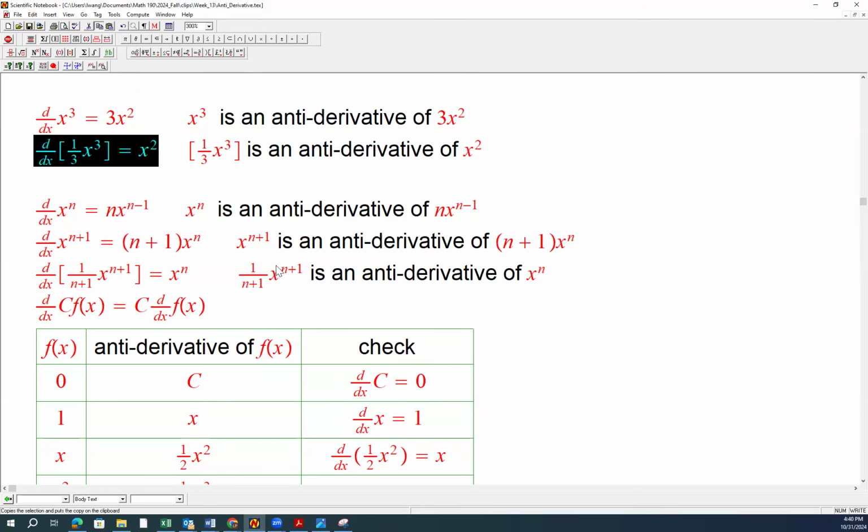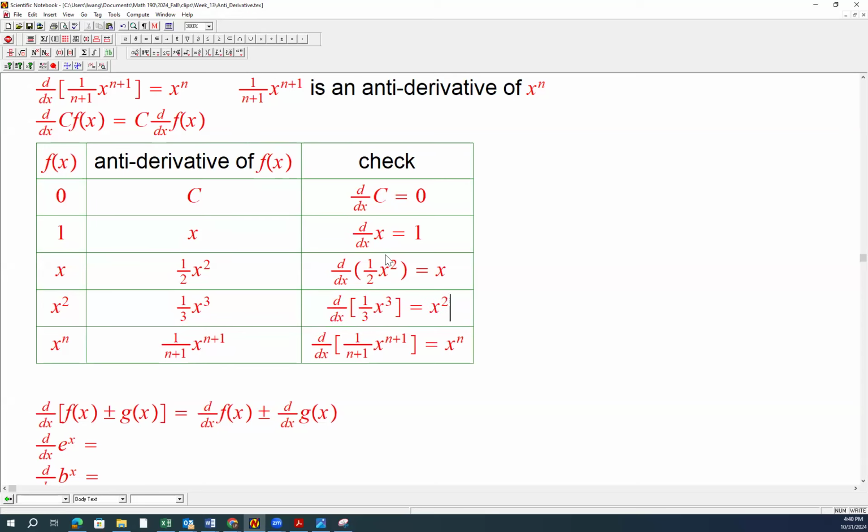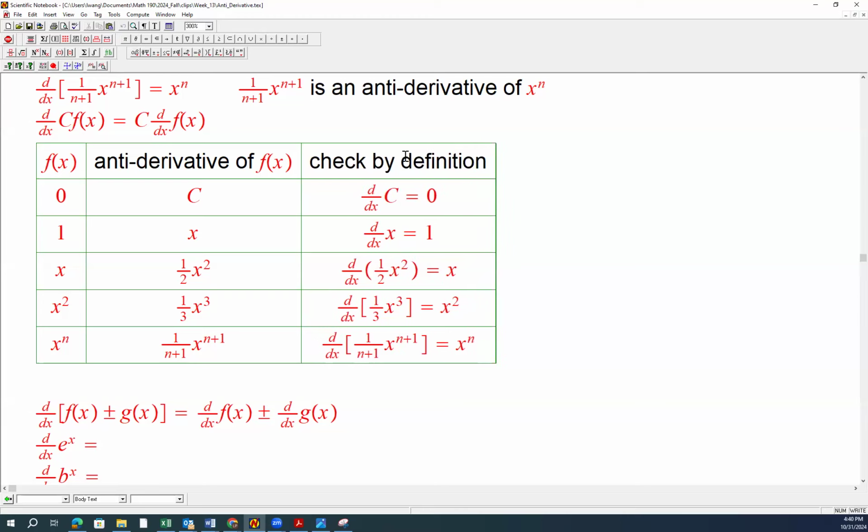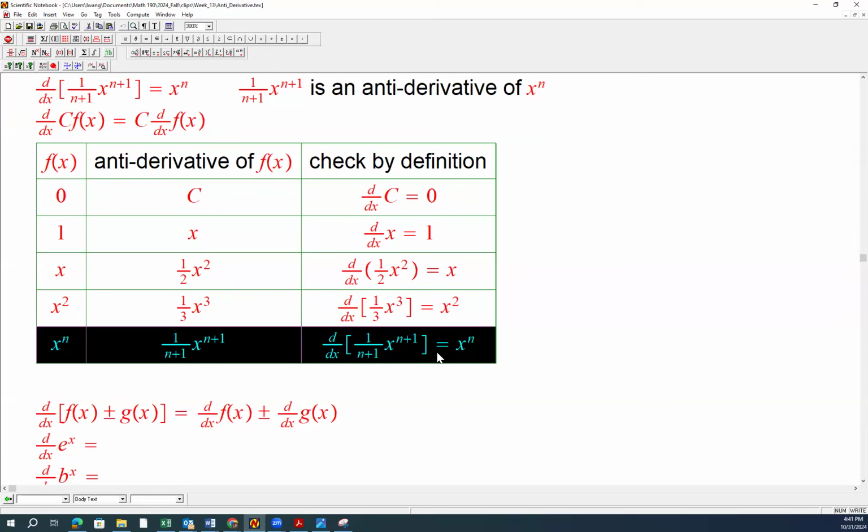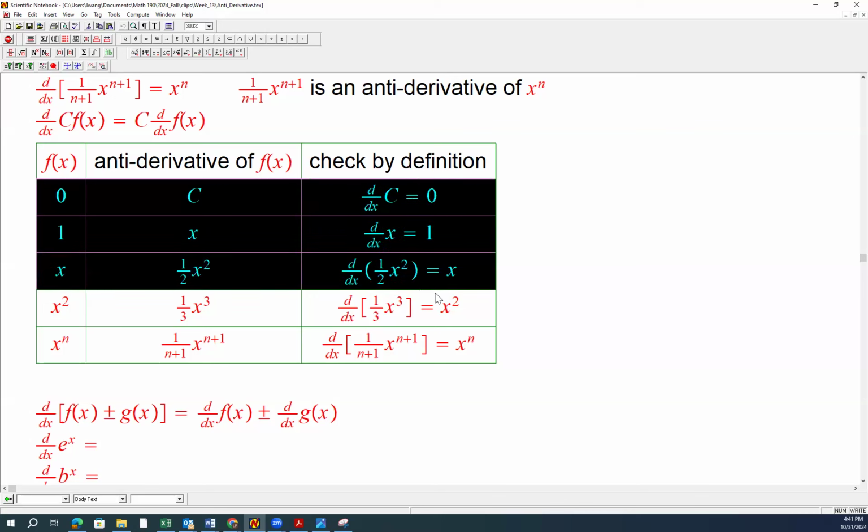Check by definition. The antiderivative of x squared is 1/3 x raised to the power 3, and this is how we check. And now this formula works, so we don't have to memorize all of these.